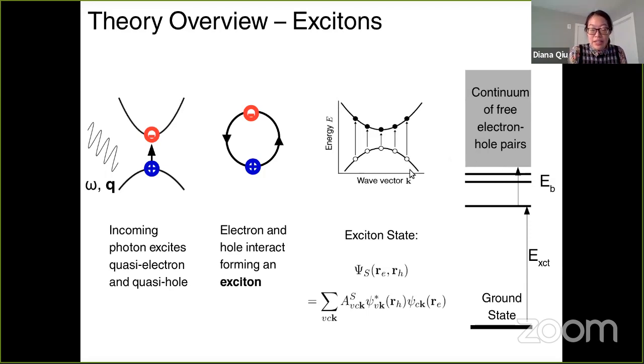The onset of the continuum is going to correspond to the quasi-particle band gap. So the excitation energy of your exciton is the energy at which the exciton is excited. And the binding energy of the exciton is the difference between the excitation energy and the quasi-particle continuum.